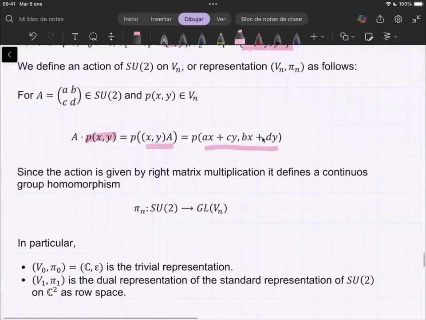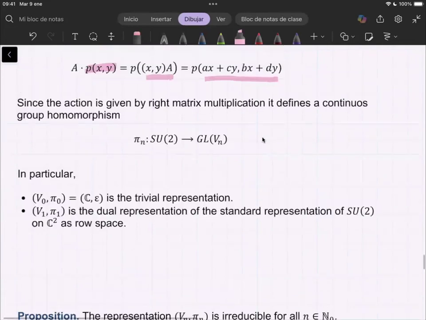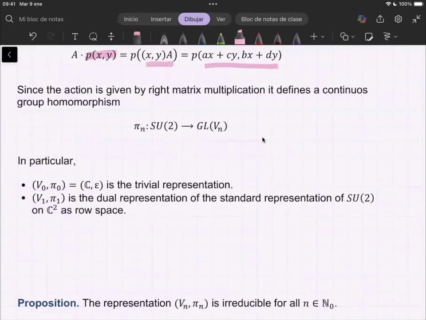So in this sense, one can prove that if we do that, for n equals 0, we get the trivial representation, which is irreducible. And for n equals 1, we get, as I told you before, the dual representation, and so on and so on.